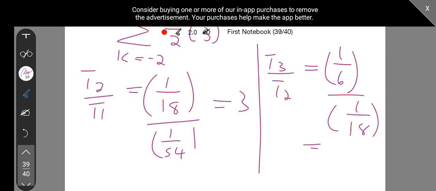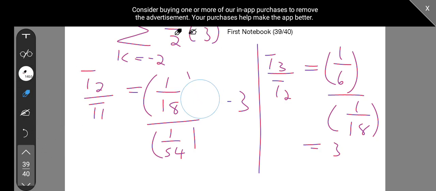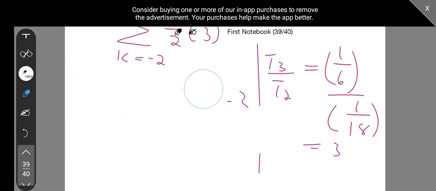That gives us 3 as well. So what can you observe here? T2 over T1 is equal to T3 over T2. This means that the series is geometric, because it has a constant ratio of 3.